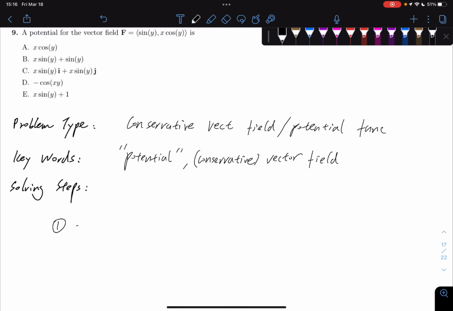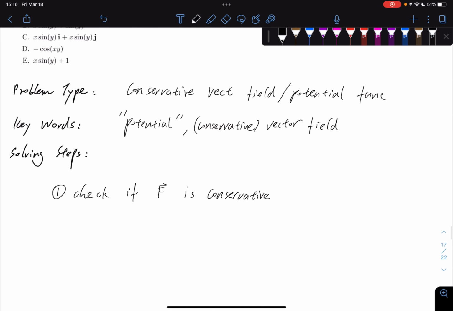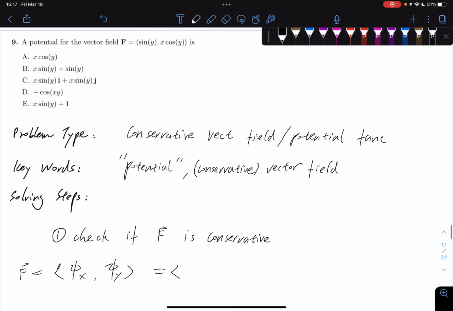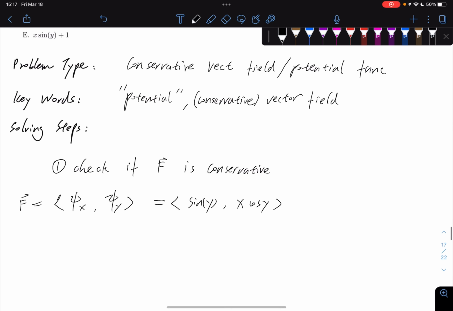First, step 1, check if F is conservative. Let F equal to ψx and ψy, and then equal to sine y, and then x cosine y.